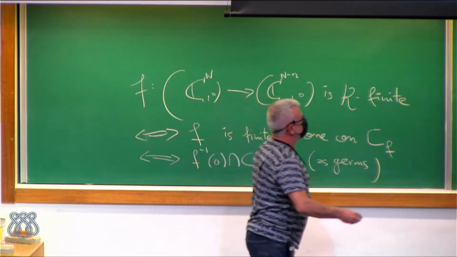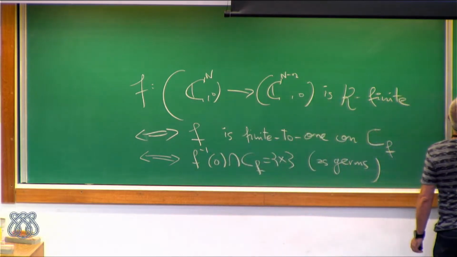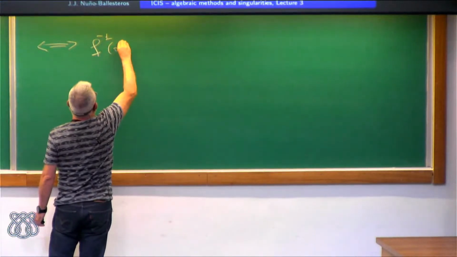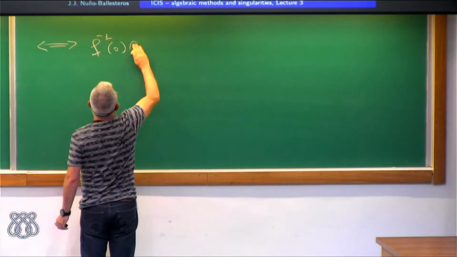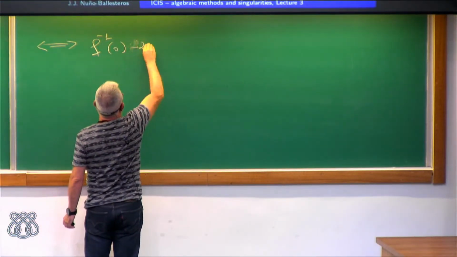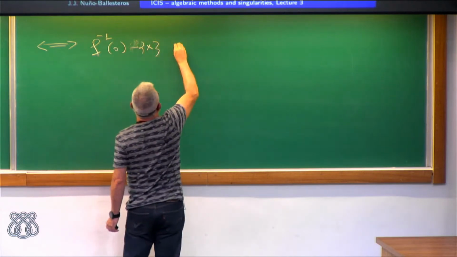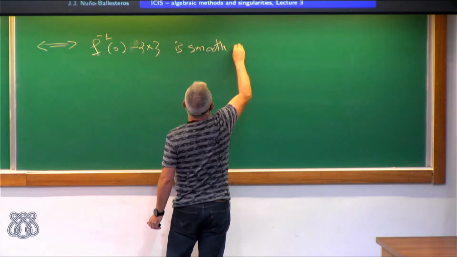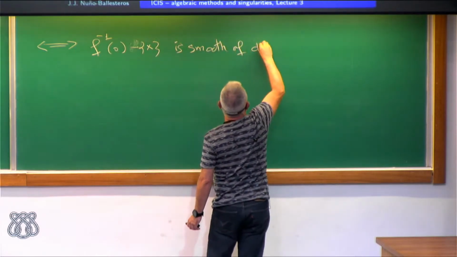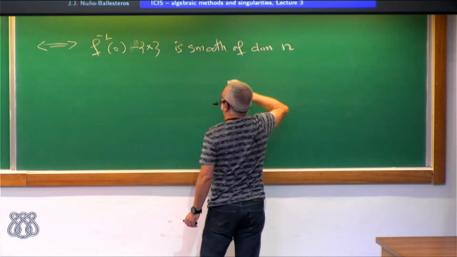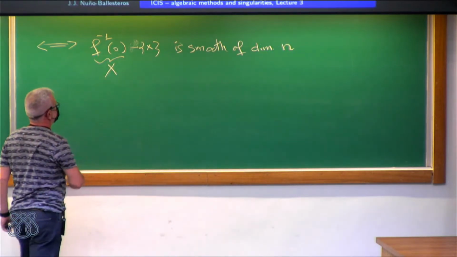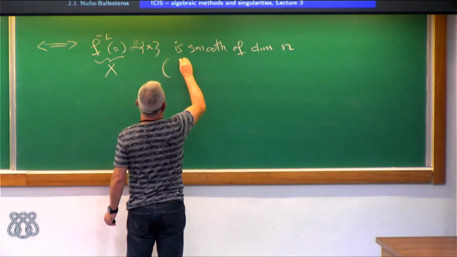And this is equivalent to the fact that F^(-1)(0) minus X is smooth of dimension n', by the Jacobian criterion.